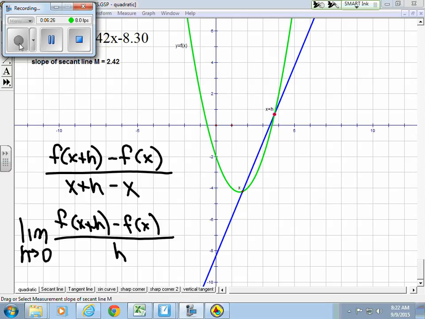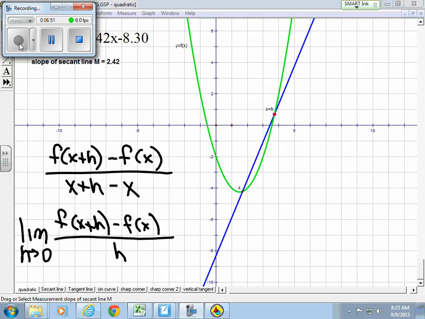What in the world would that do to these 2 points? If h approaches 0, what is h on this picture? One's x and the other one is x plus h. What is h? Here's x. Here's x plus h.